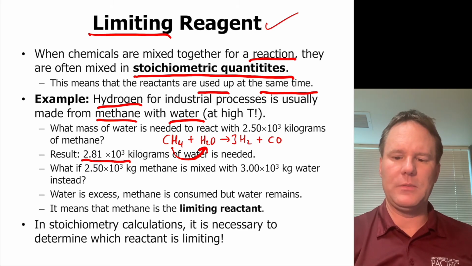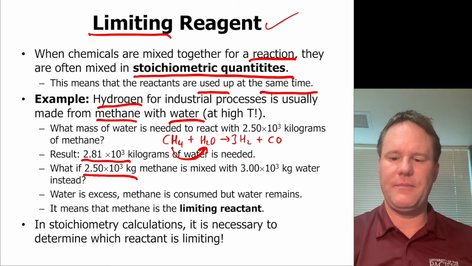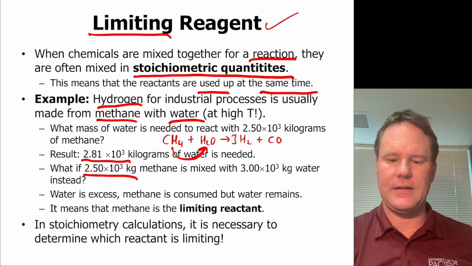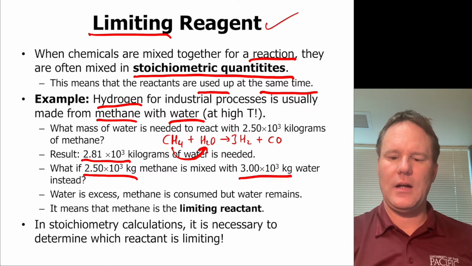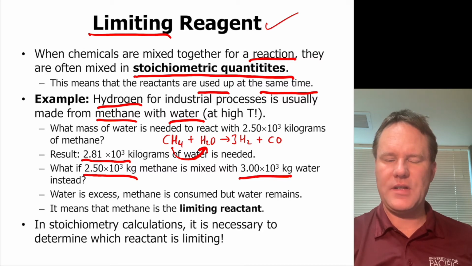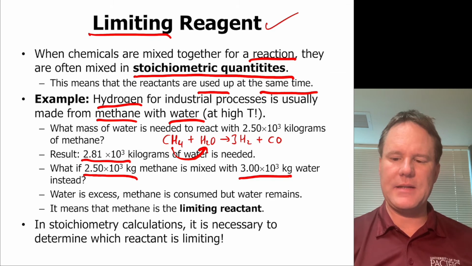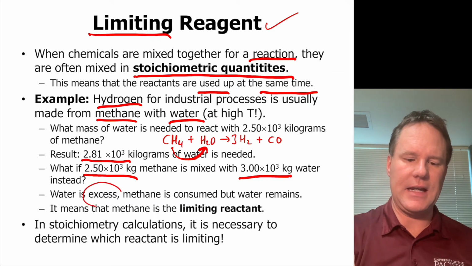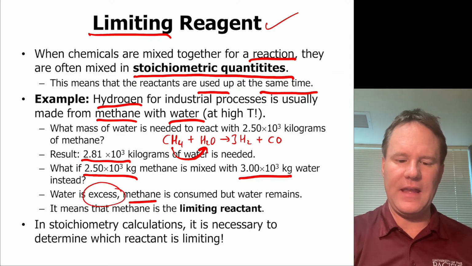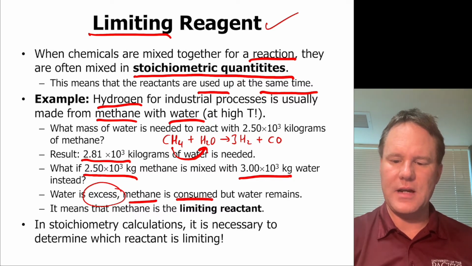But what if you take this many kilograms of methane and then mix it with 3 tons, so 3.00 times 10 to the third kilograms of water? It means that you have too much water, you have it in excess. That is, the methane will get consumed first, but then water remains in excess.